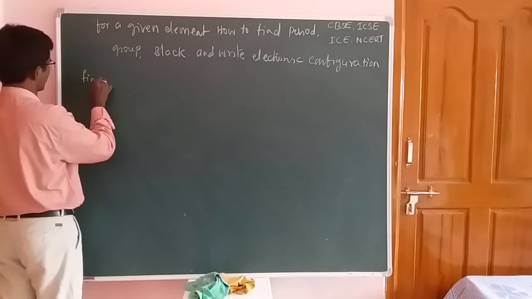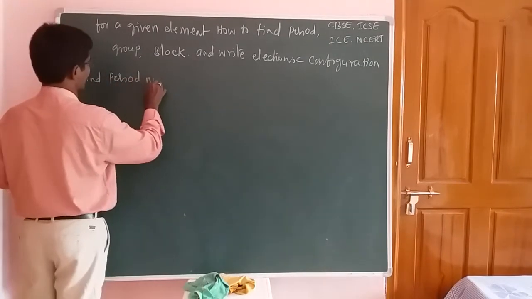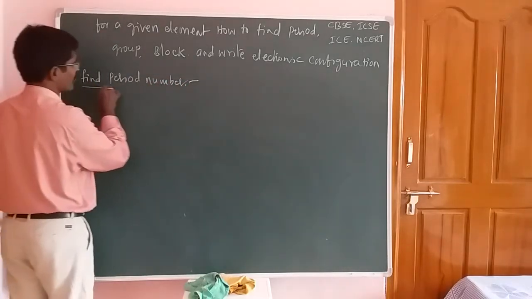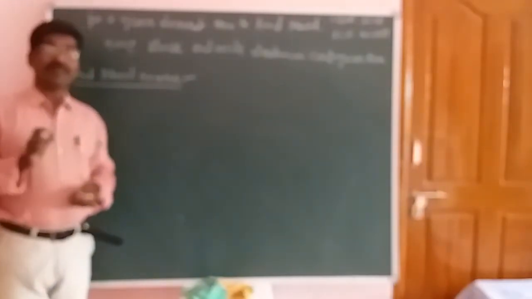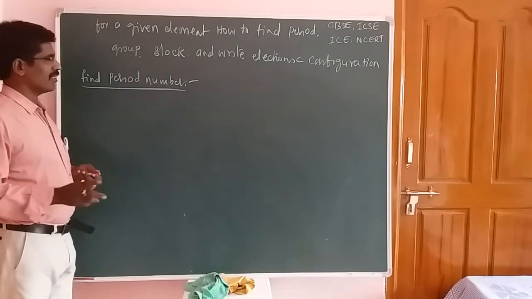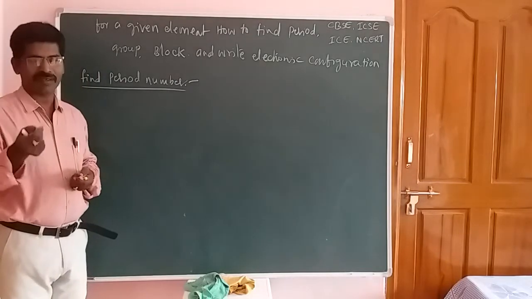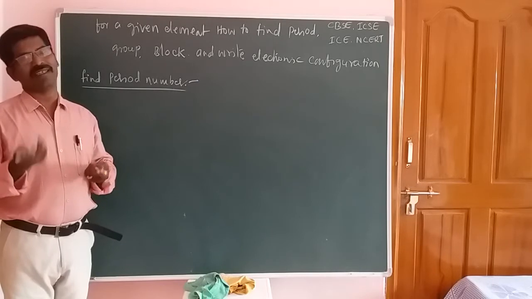So first, find the period number. Okay, students, how to find the period number? One more condition: before finding the period number, you need at least minimum practice in how to write the electronic configuration.